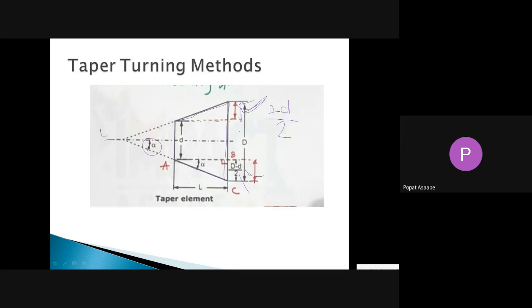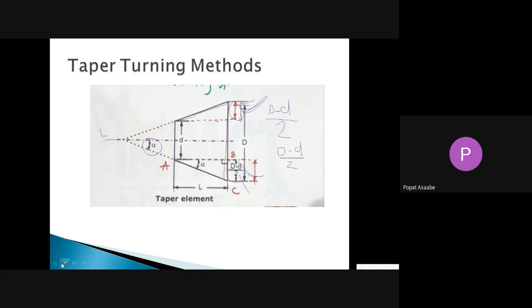Then how to calculate that distance? Simply capital D minus small d. We will get this and this distance. Suppose I want to calculate the separate distance, then we just have to divide it by 2. We will get this distance and this distance.